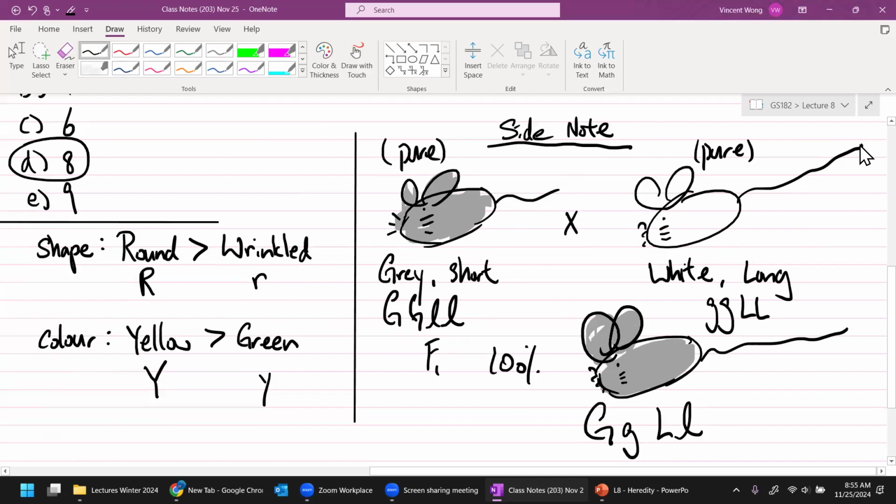That's a very important thing. So in the quiz, if you ask me, hey, you didn't tell me which one is dominant and recessive, that means you have to use this logic to figure it out.